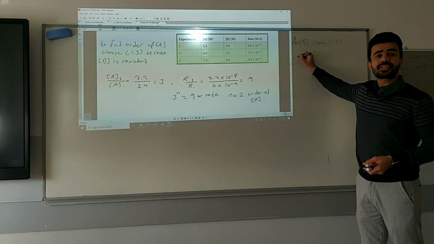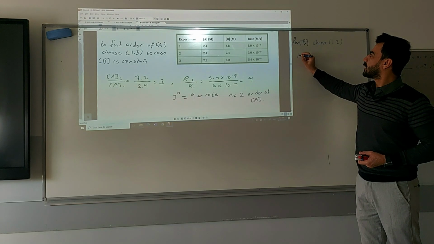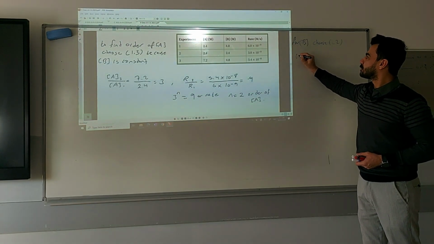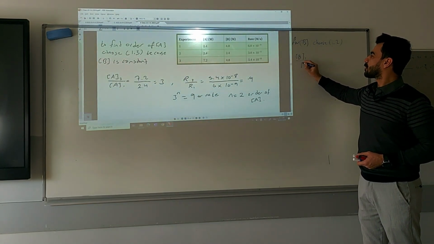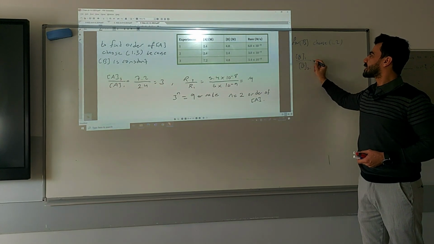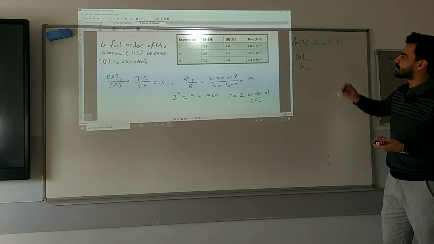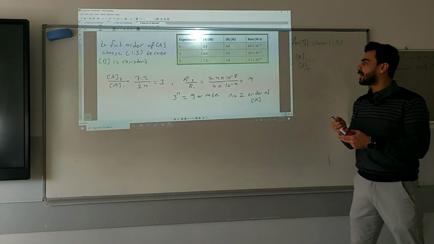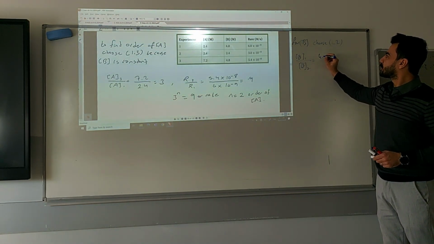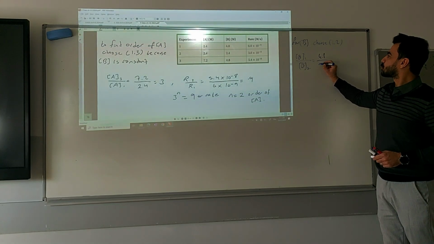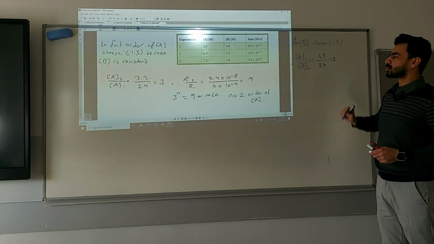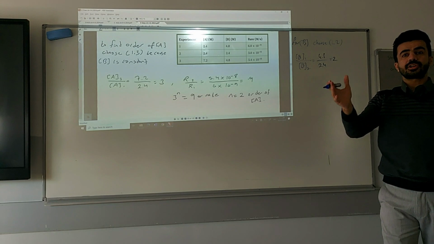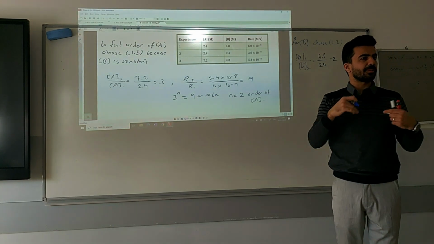Now, in this case, the concentration of B in the first one over the concentration of B in the second one. This time, why did I put the 1 above? Because the concentration of B in the first one is higher. So 4.8 over 2.4 is equal to 2. Now, we learned that the concentration has been doubled.